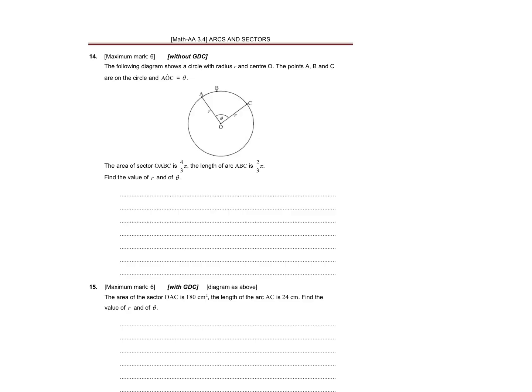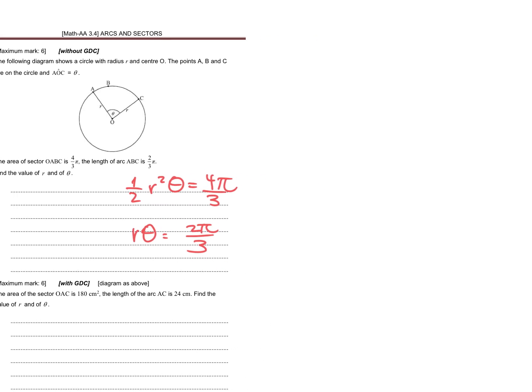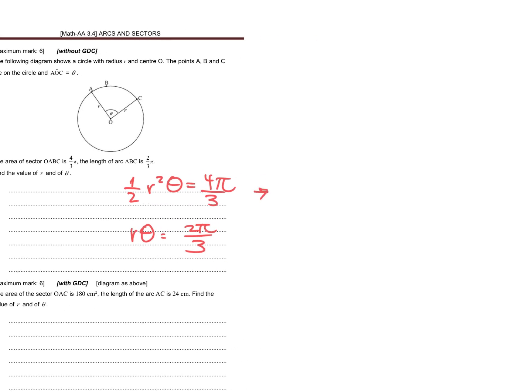All right, we've got this diagram. Area of the sector is that. Length is that. So we have 1/2 R squared theta is 4 pi over 3, and we have R theta is 2 pi over 3. So I can substitute into here.